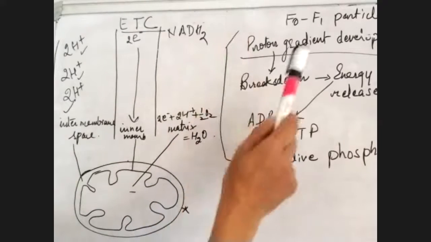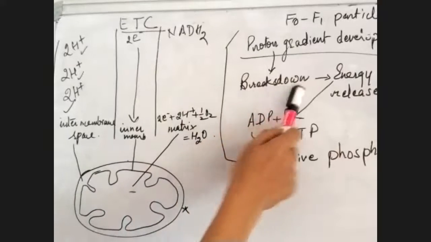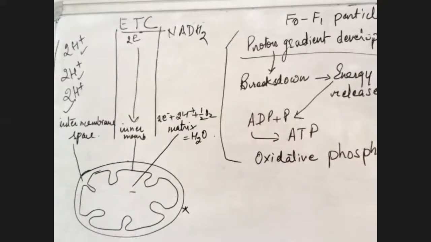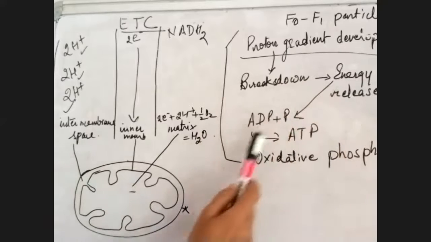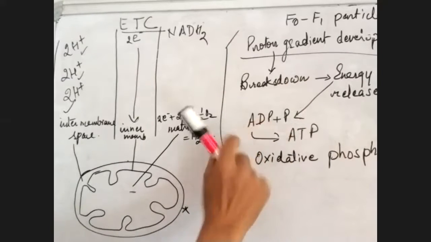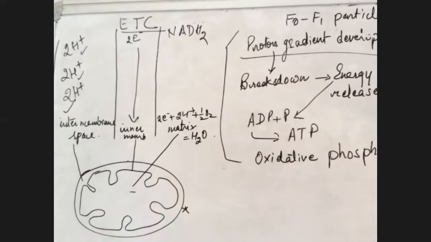There the proton gradient breaks down, releasing energy, and this energy is utilized in combining ADP with P to form ATP. Thus ATP is formed.